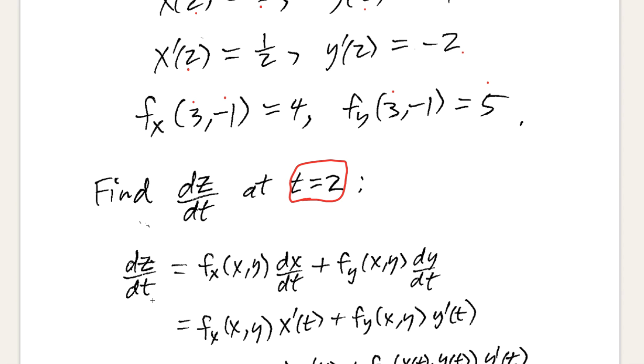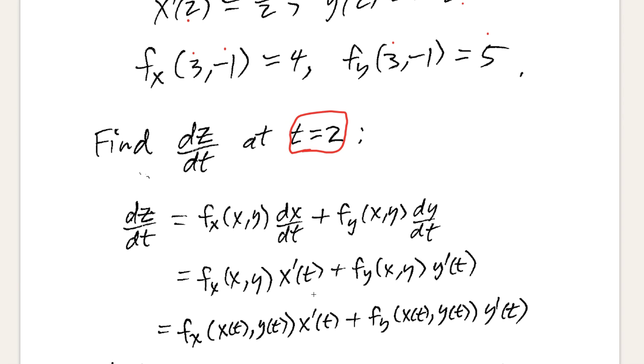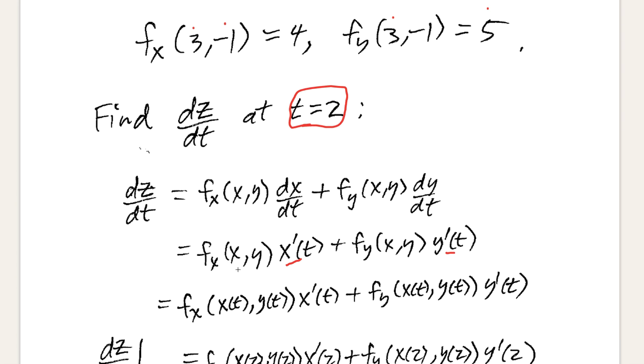It would say dz over dt is f sub x times dx over dt plus f sub y times dy over dt. I've written dx over dt and dy over dt as x prime and y prime of t, respectively. And for emphasis, remember x and y are functions of t, so I put in x of t, y of t in both cases.